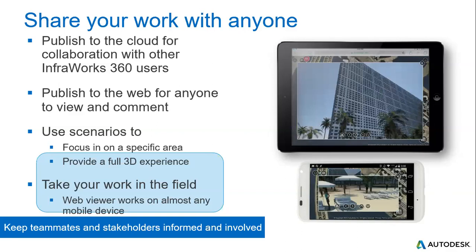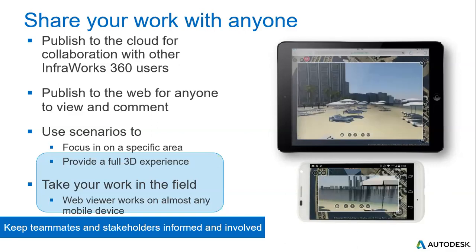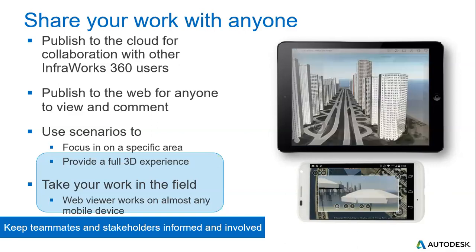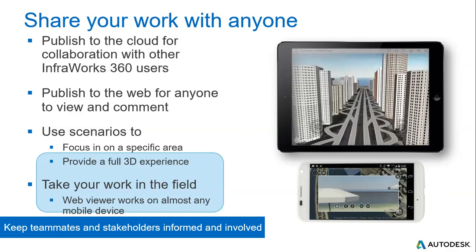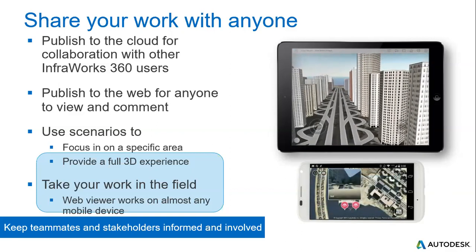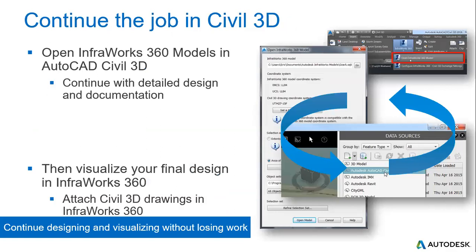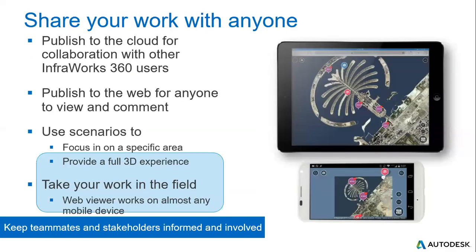Click your particular area of interest, the highlighted point of interest, and you should be able to clearly see the extent of that particular project area. So with this, you are able to keep your teammates and stakeholders informed, and they are involved from the initial stage, from the conceptual stage to the design stage and up to the maintenance.